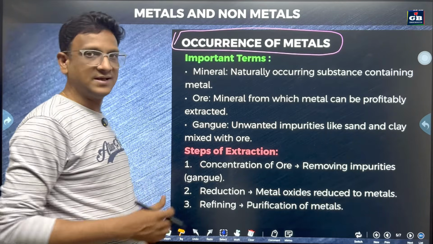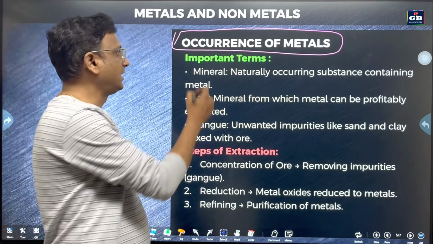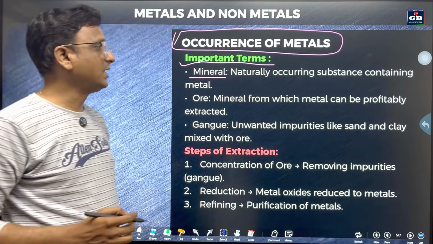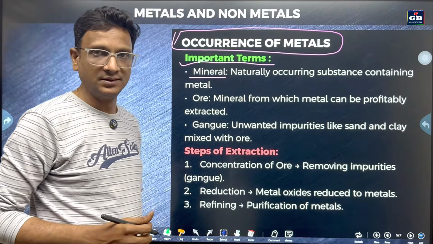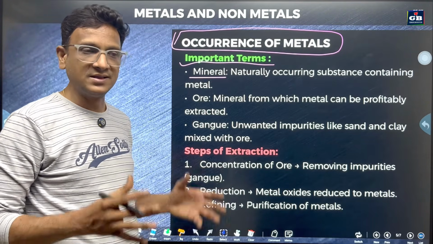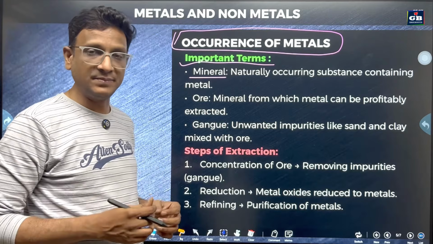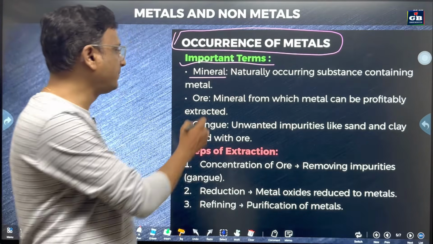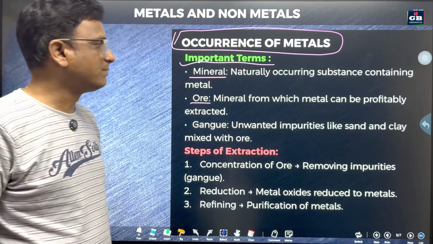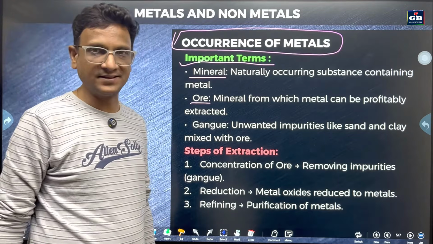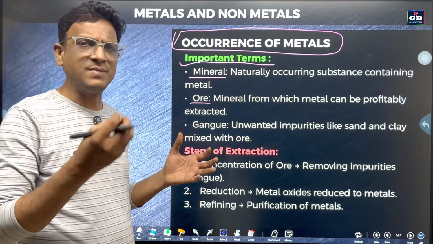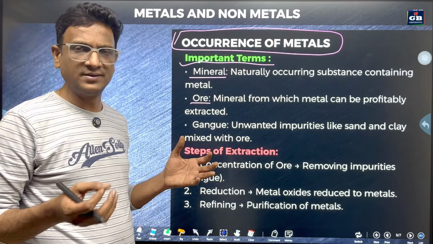Before we see how metals are extracted, let us know some important terms. What is a mineral? A naturally occurring substance containing metal. From minerals we can extract the metals. Ore means a mineral from which metal can be profitably extracted. There is a mineral, but you cannot extract much metal out of it, that is just a mineral.